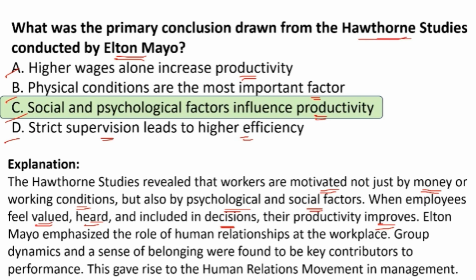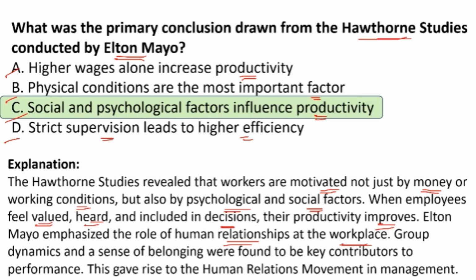Clear? So Elton Mayo emphasized the role of human relationships at the workplace, right? He explained how human relationships are important at the workplace. Group dynamics and sense of belonging were found to be key contributors to performance.